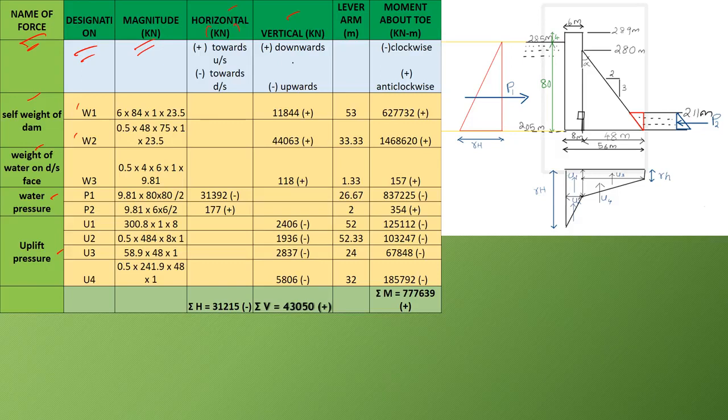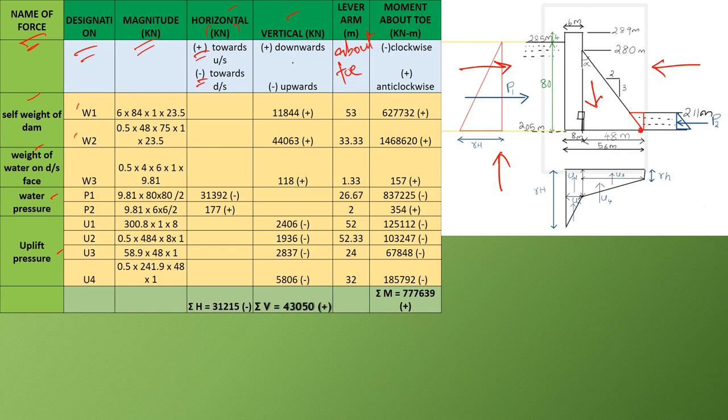If the horizontal force is towards the upstream side, that is in this direction, it is taken as positive, that is the sign convention. If it is in the downstream direction, then it is negative. For vertical forces, downward forces are taken as positive and upward forces are taken as negative. Then we have the lever arm about the toe, that is from this point.